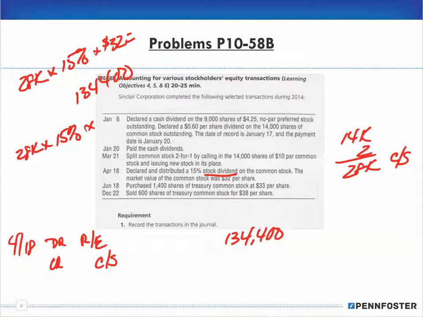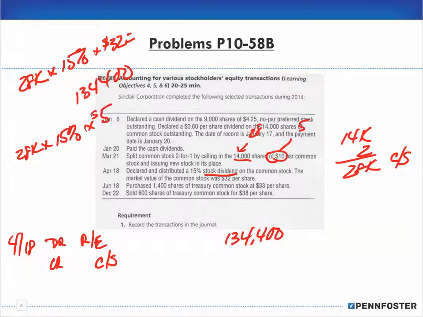Let's see here. Oh, okay. We split the common stock 2-for-1 by calling in the 14,000 shares of $10 par. Well, our 14,000 shares now become 28,000 shares, and our $10 par now becomes $5 a share. We cut the par value in half, and we double the number of shares.